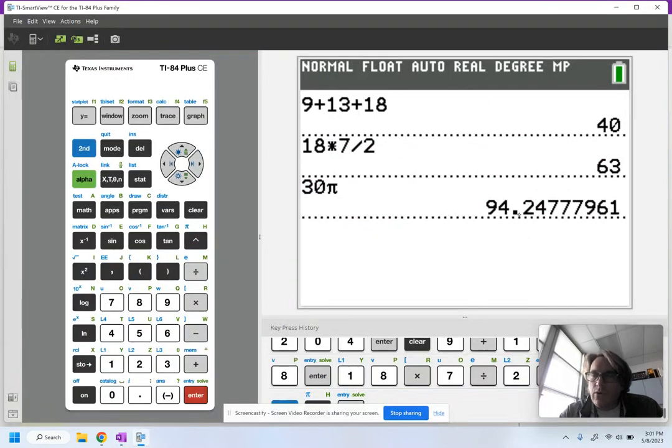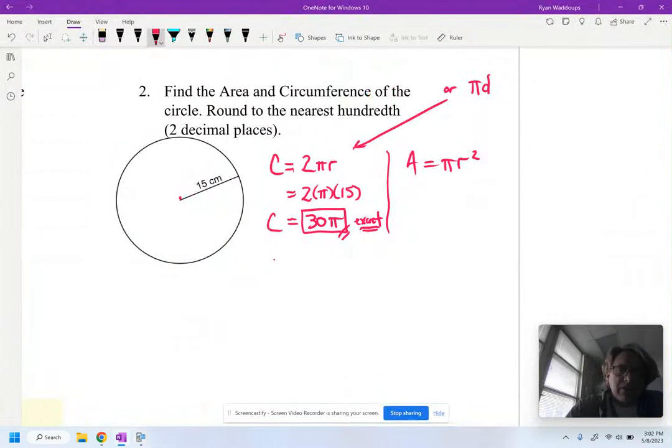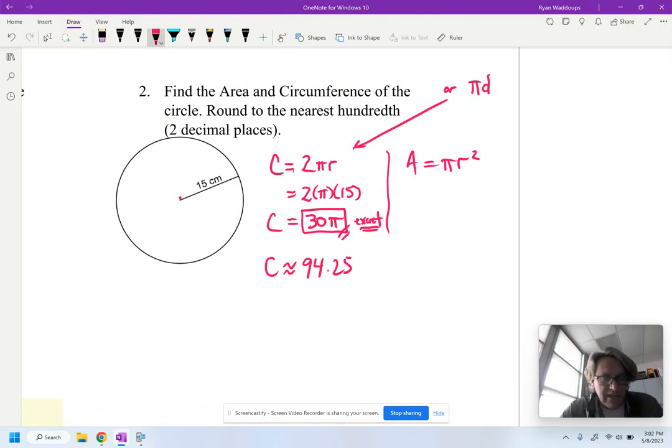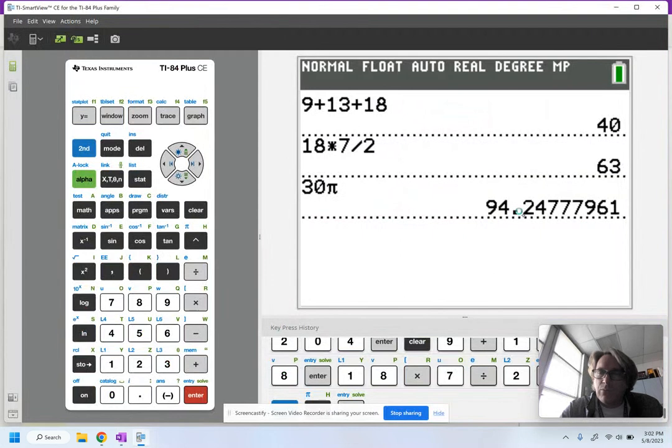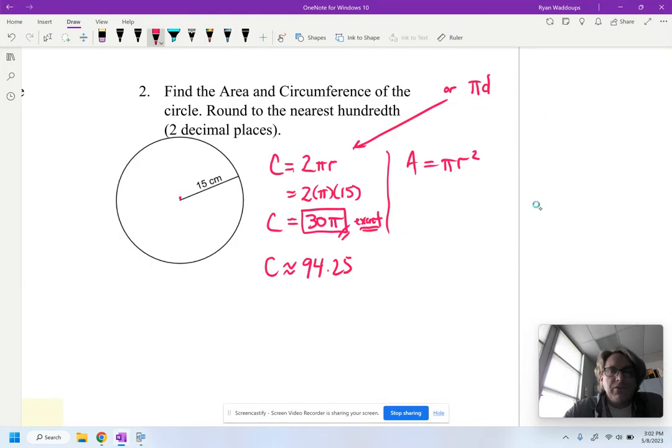So 94.2, and then the 7 next to it says that rounds to 5. So 94.25. So the circumference is approximately equal to 94.25. Double check. 94.25, yeah, and that would be in centimeters.